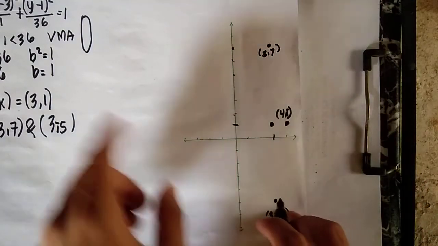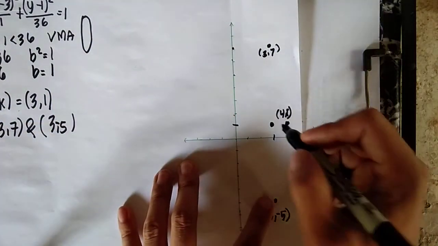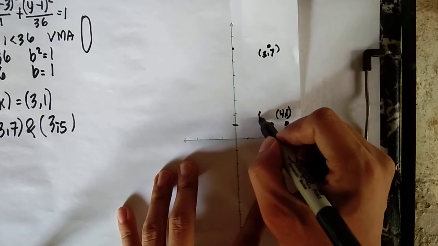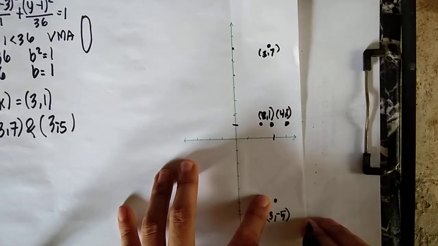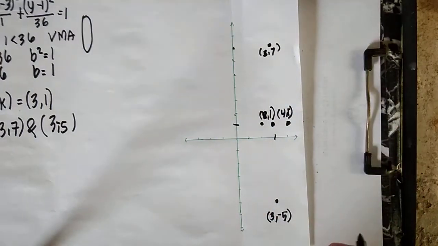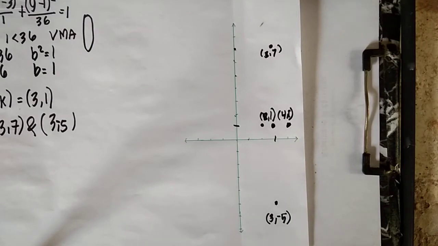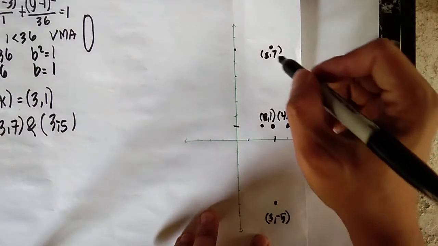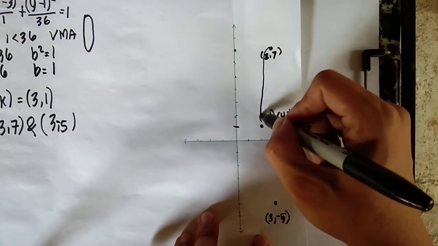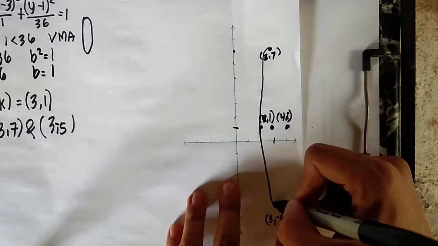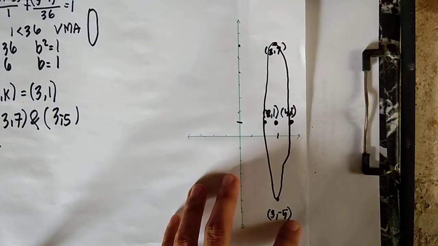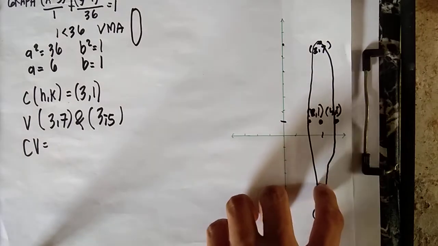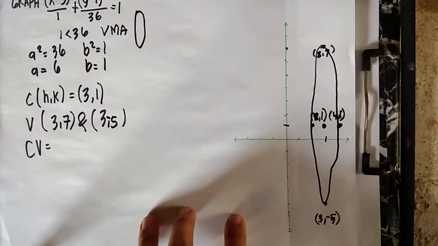And then, bibilang tayo ng 1 unit pa kaliwa. So, ito ay 2, 1. And then, ang gagawin natin ay iti-trace natin yung ating ellipse. Sensya na dun sa part na yun, pero ellipse talaga yan.